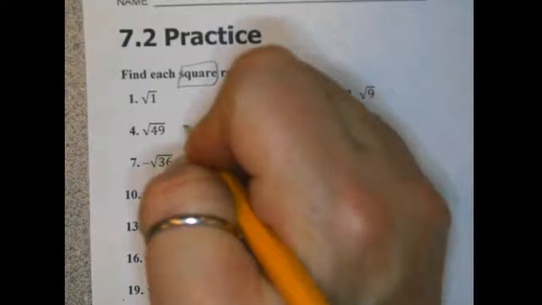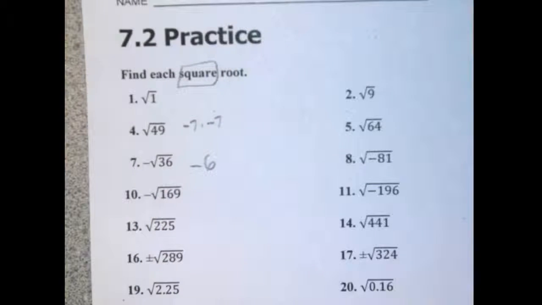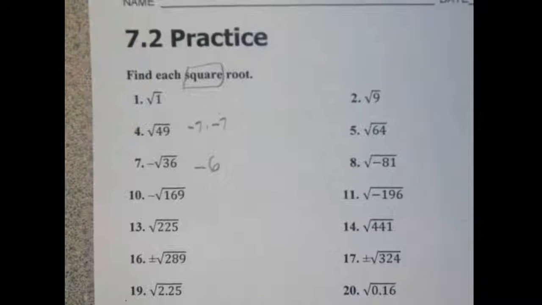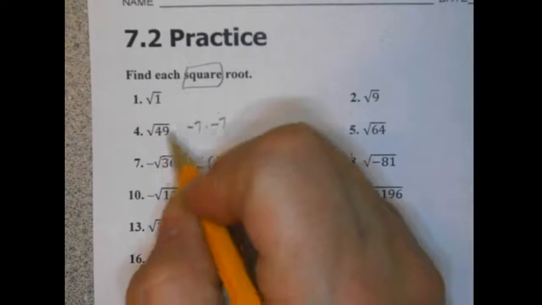Okay, let me ask you. What is negative 7 times negative 7? It's positive 7? What is it? Positive 64? It's positive 49, right? So that'll work.